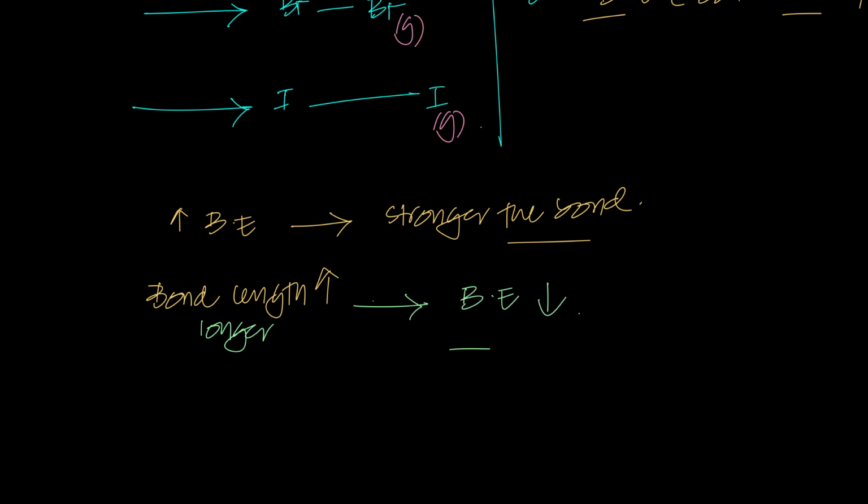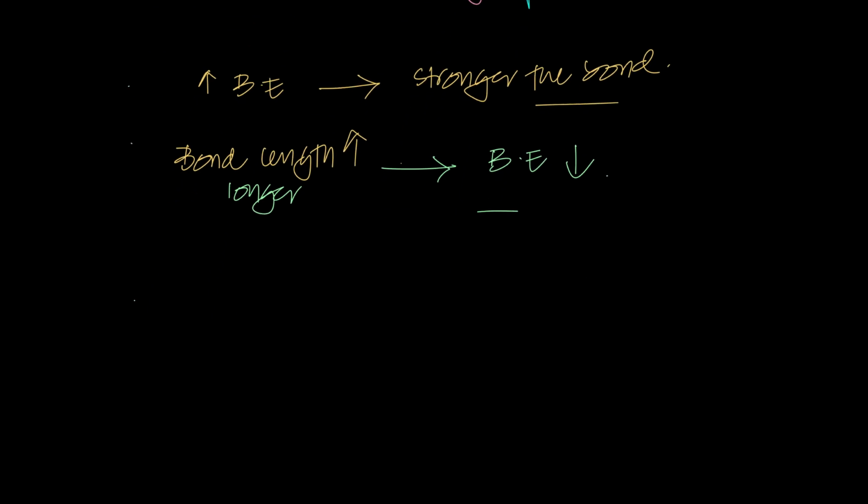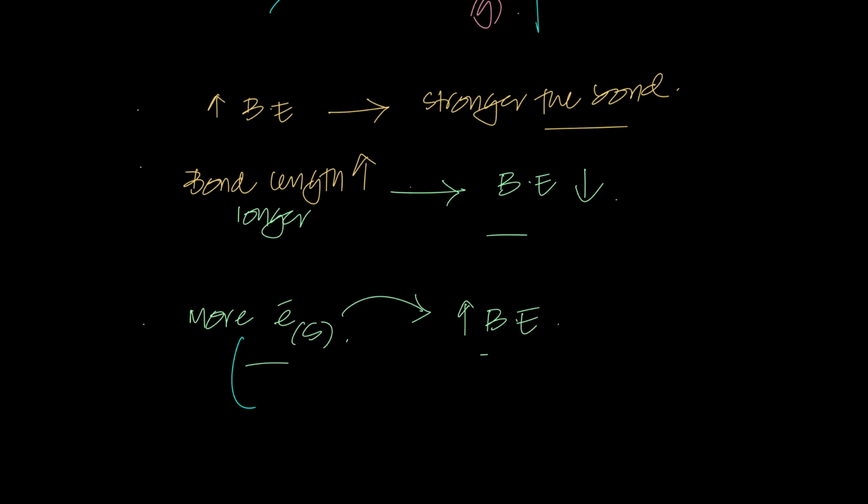You need less energy to break the bond, right? And we've already studied this. Yeah? So that's the idea. We've also studied, in chapter number 4, that if you have more electrons, you would have a higher bond enthalpy, because more electrons effectively mean what?